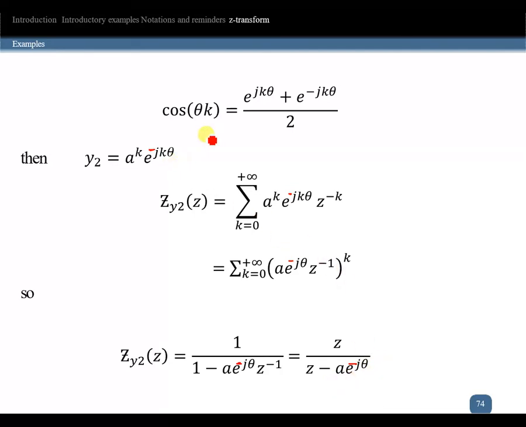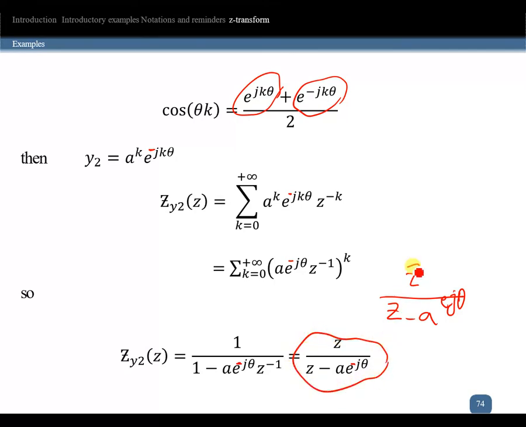Here they forgot, because one part you calculate this, another part e^(-jθ). Here will be minus. And if you remember, the first one was z divided by z minus a e^(jθ). Another one will be this.